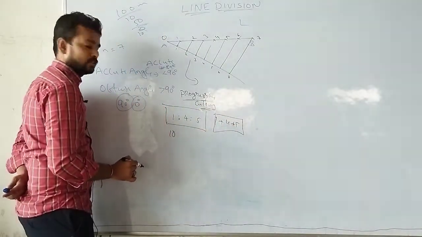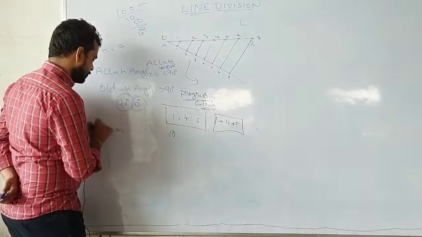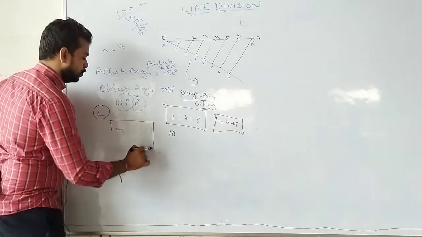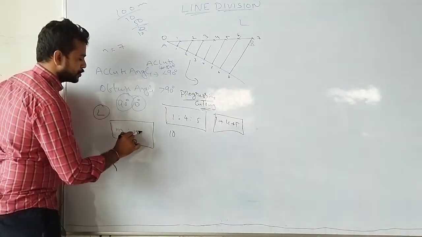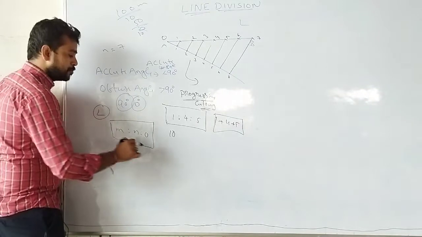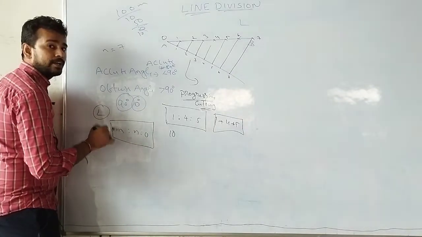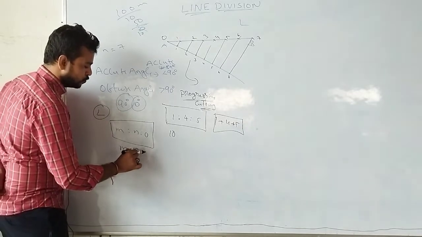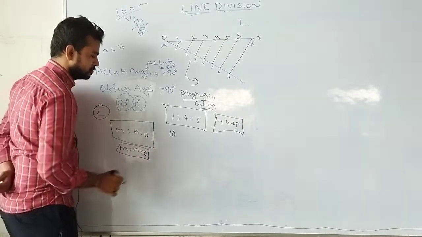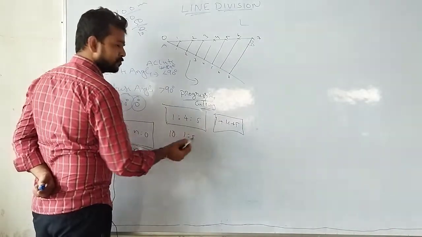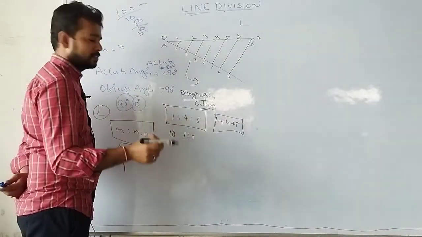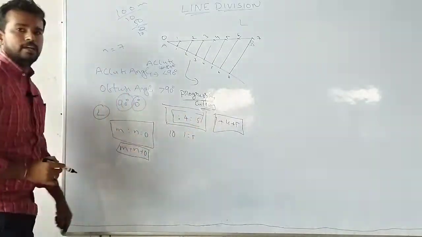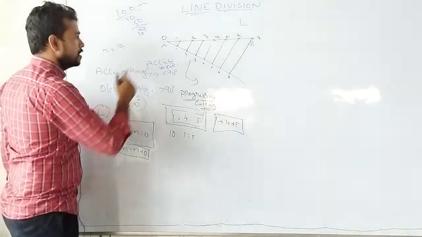So if a line of length L can be divided in m:n:p ratio, then the number of equal parts we can make on the line will be m plus n plus p. If it is 1:5, it will be 6 parts. But it is 1:4:5, so you need to add all these. Clear? So this is about line division.